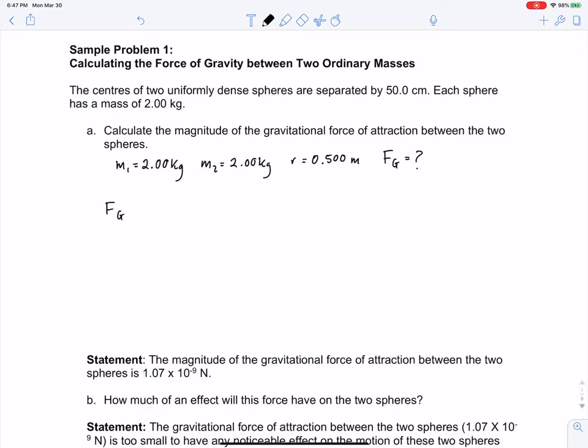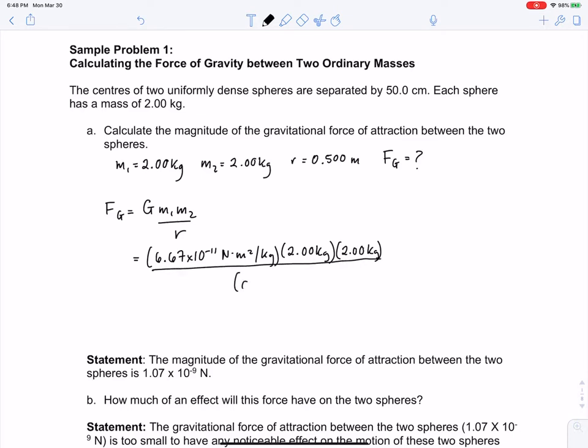Using the equation from above, the gravitational force of attraction is equal to G m1 m2 over r squared. Now we can sub in our values. We know that G is 6.67 times 10 to the power of negative 11 newtons times meters squared per kilogram squared. m1 is 2 kilograms. m2 is 2 kilograms.